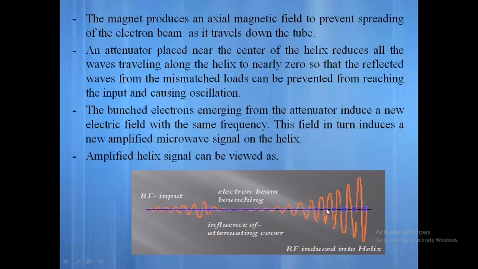The blue color shows the bunching of electrons will always be increased. So due to this bunching of electrons increasing, the electric field will be increased much more, which transfers from the electron beam to the helix, which results in an amplified wave of microwave signal.